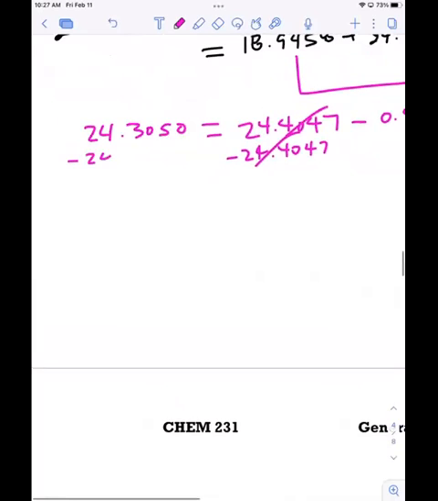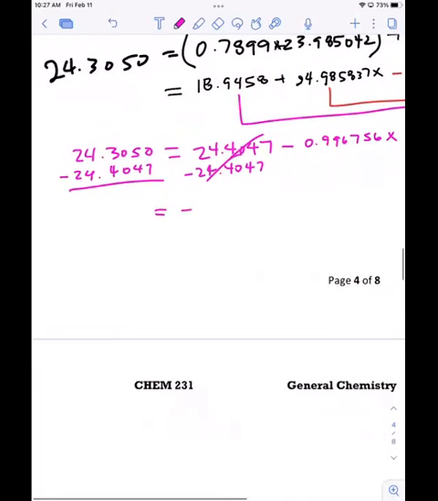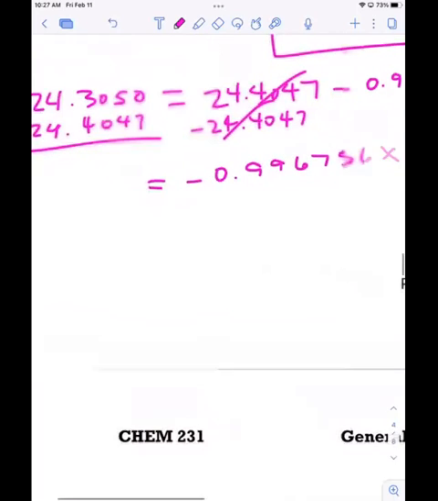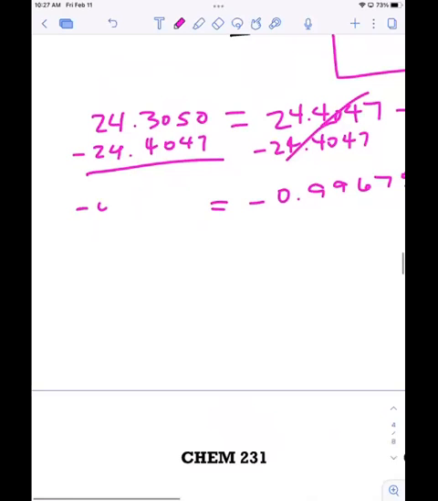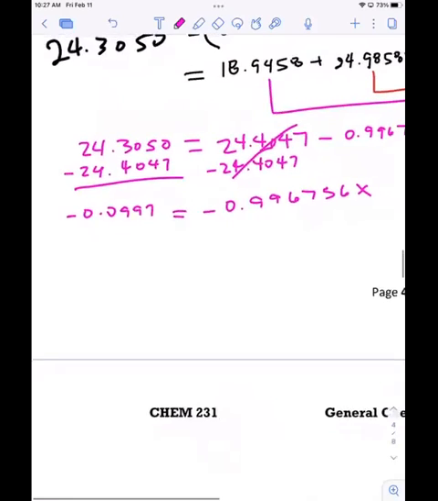Minus 24.4047. Somebody calculate that for me. Negative 0.0997. Perfect.